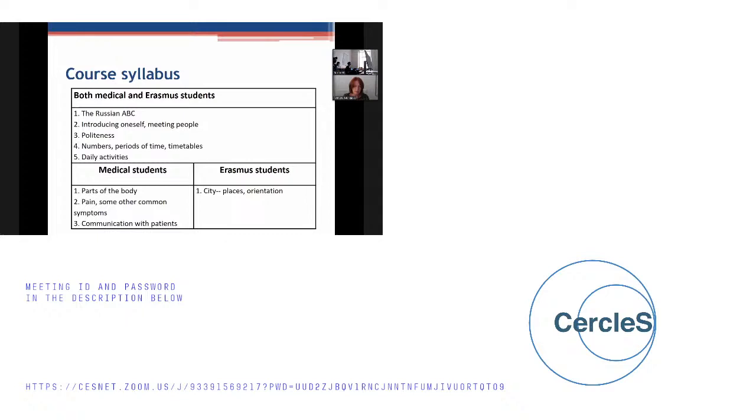For medical students, we continue with parts of the body, symptoms such as pain, and how to communicate with patients about such symptoms. But for Erasmus students, we introduce the topic of a city, places, how to orientate in a city, or how to find certain places, so direction.